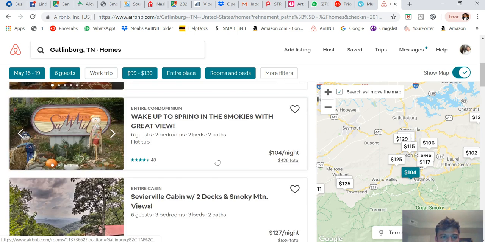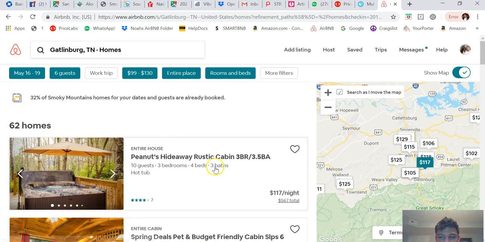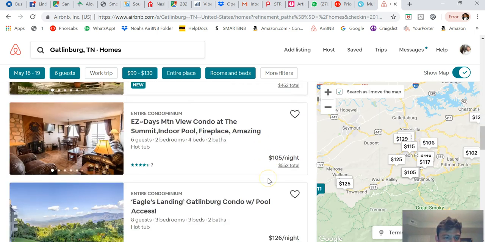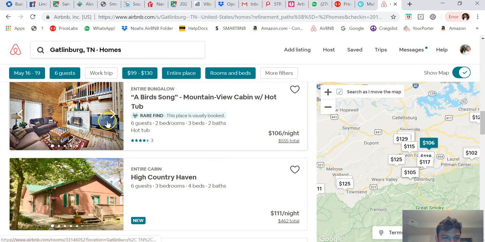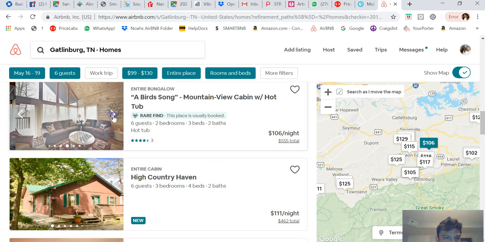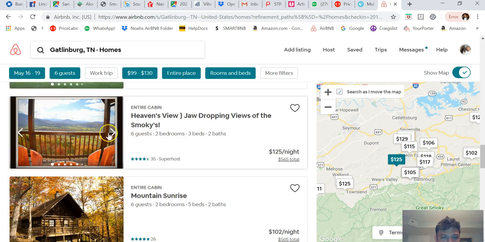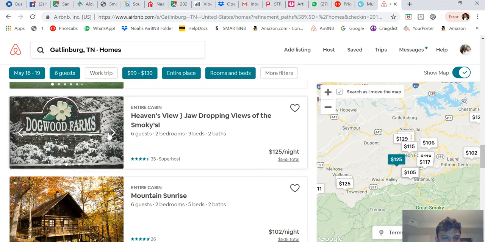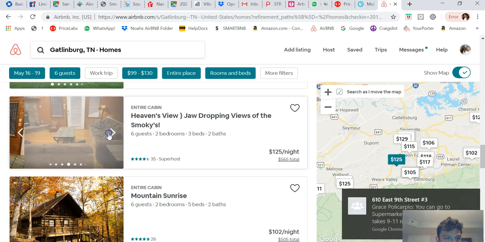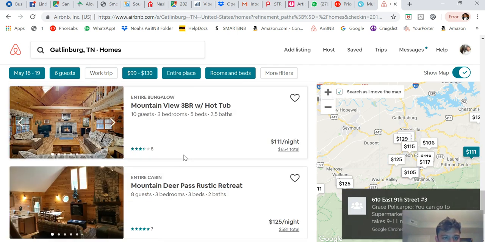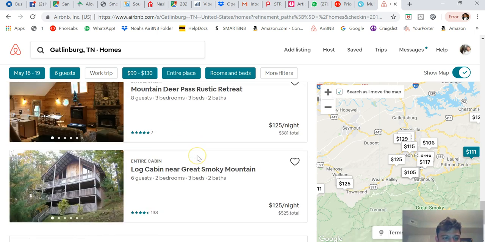So there's a handful, 62 at that low end, but like I said, they're not very good looking. This one is pretty good. But we're probably a little bit better in terms of what we're offering. And for this one, we booked at 125, with a nice view and decent looking cabin. But I think we're going to keep our property where it's at price-wise.